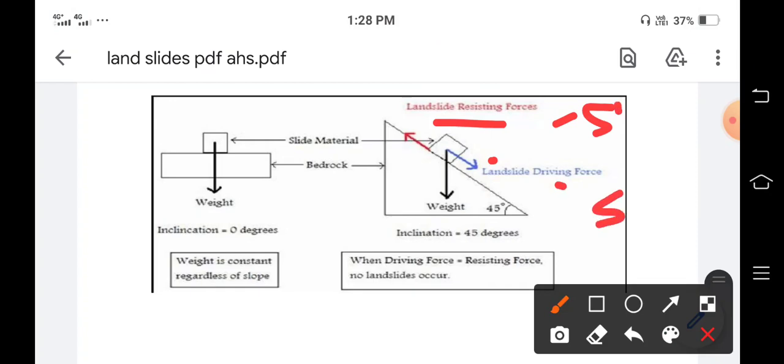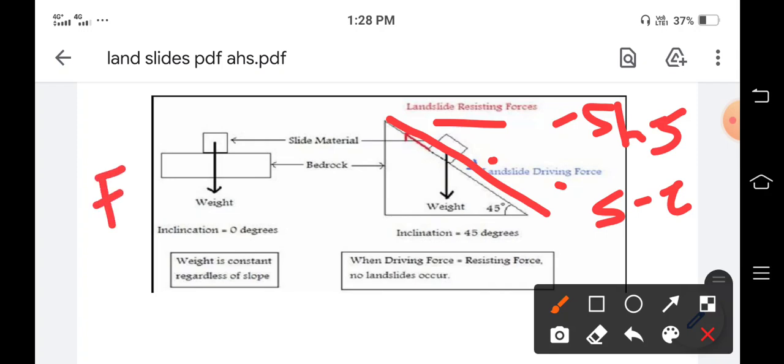This is the shear strength S, and this is our shear stress tau. From that we can find the factor of safety, whether the slope is stable or not, using Mohr-Coulomb's law or factor of safety consideration. We know that the factor of safety equals S upon tau.